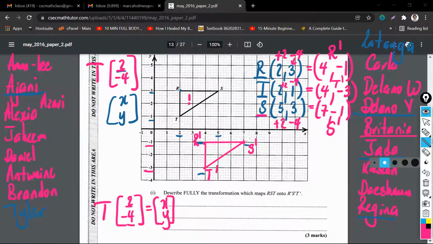But in the question though, guys, they gave you the triangle already, and they're asking you to describe the transformation. So the best thing to do would be just look at the new points, look at the old ones and say, okay, what would I need for my X variable, and what would I need for my Y variable to map it?